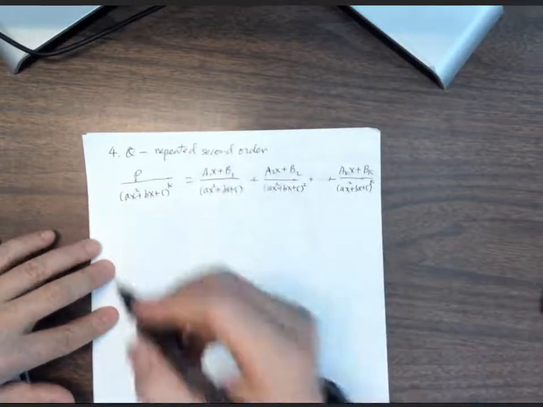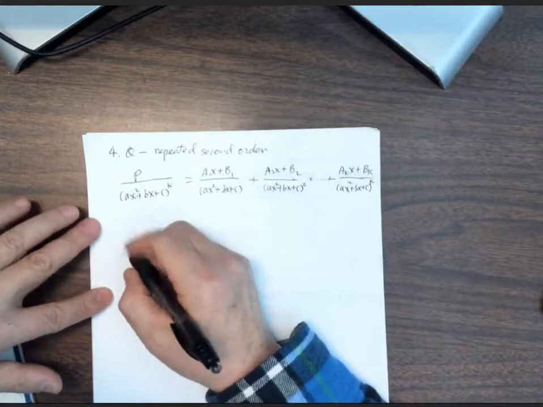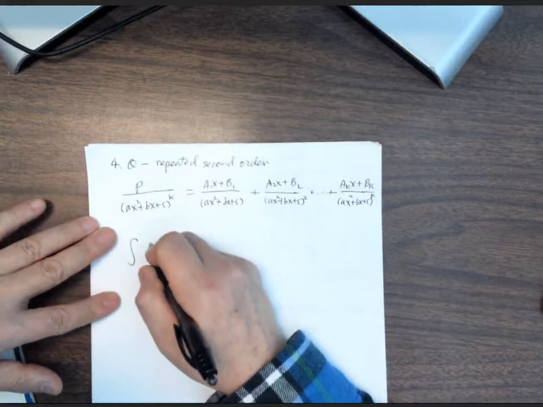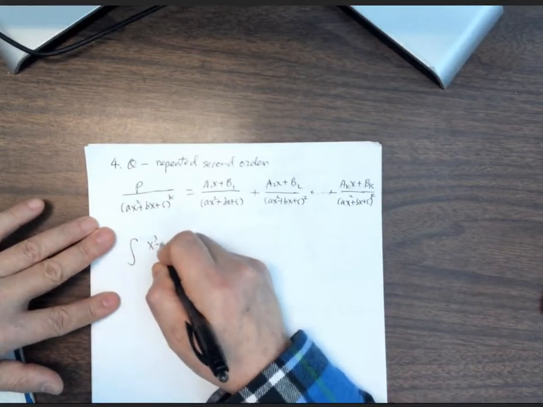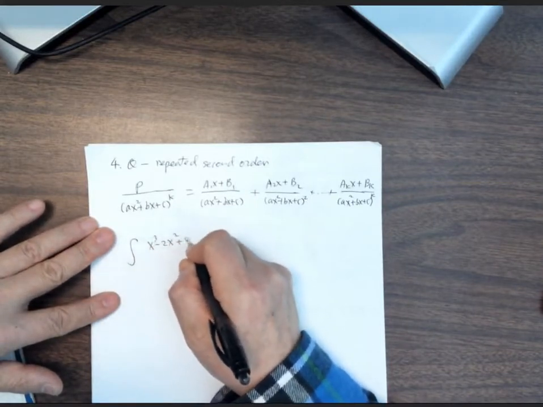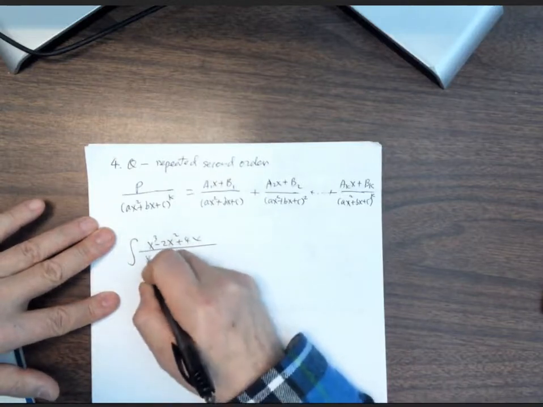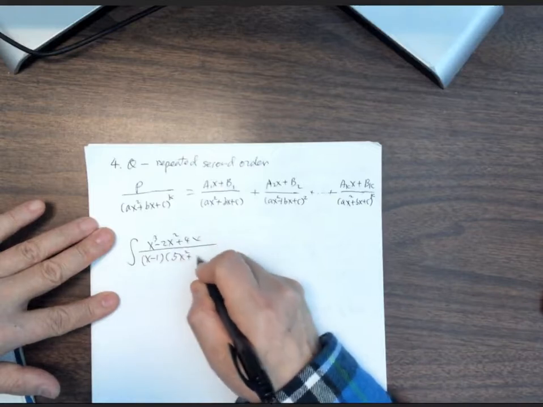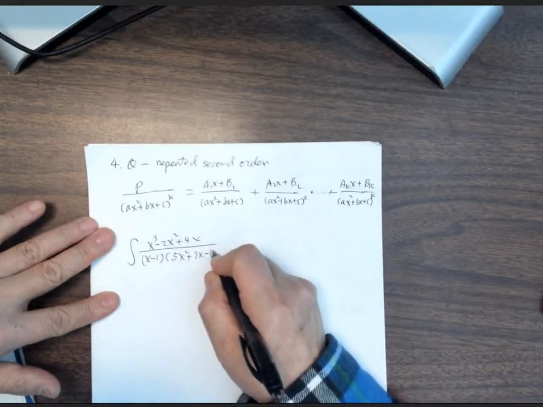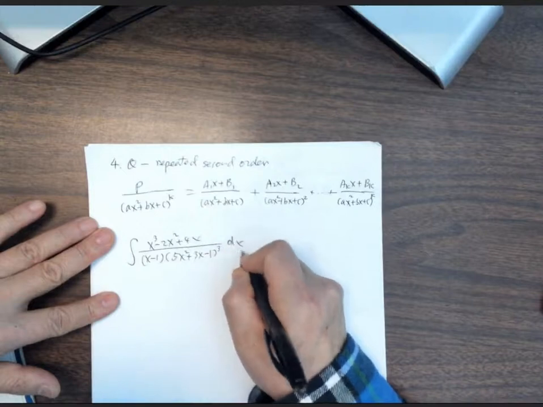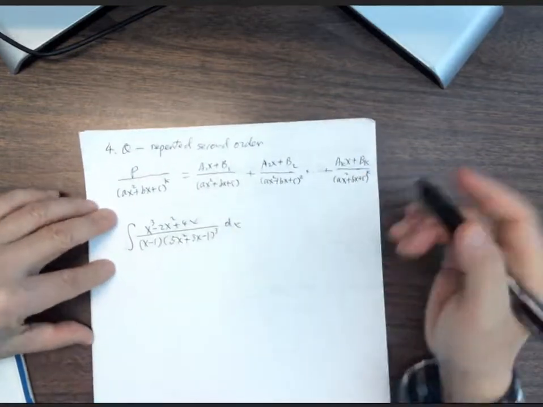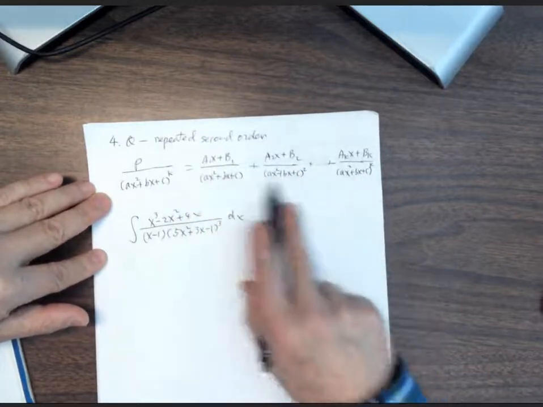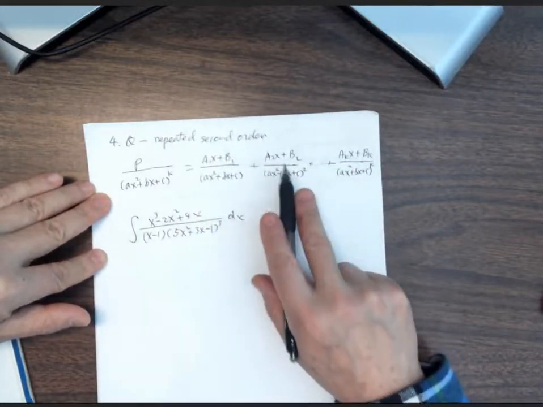For example, I can make up a situation, say you have an integral of x to the third power minus 2x squared plus 4x over x minus 1 times 5x squared plus 3x minus 1 to the third power. We're not going to finish this. I just want to show you what kind of partial fraction you would have to assume.